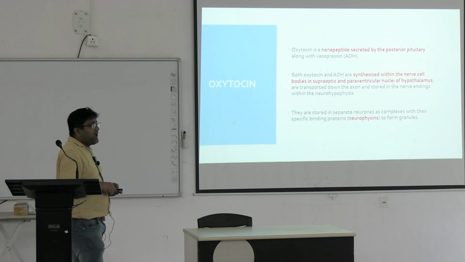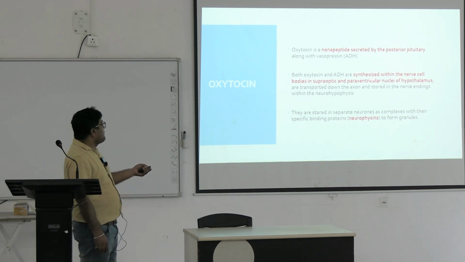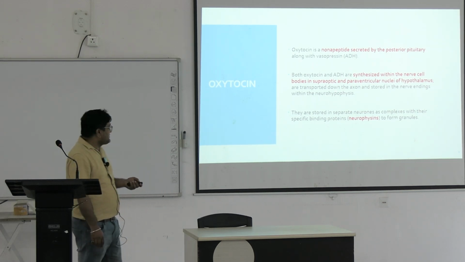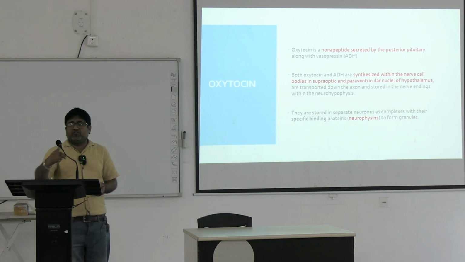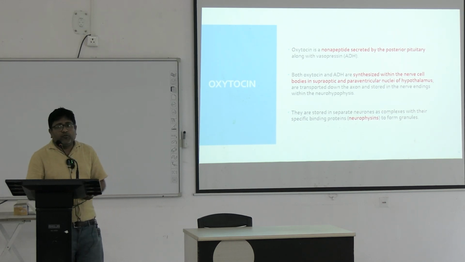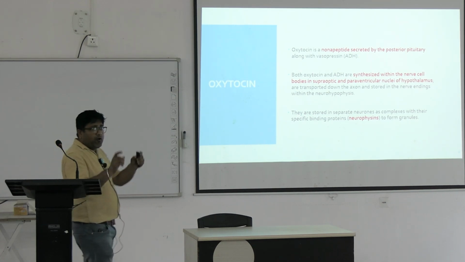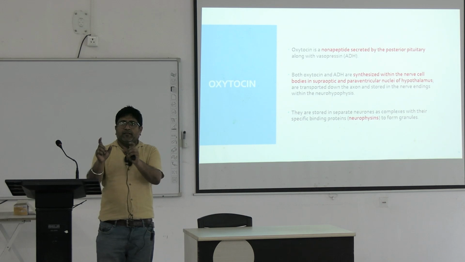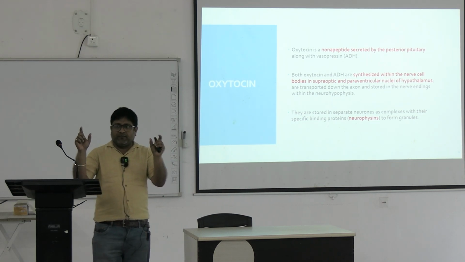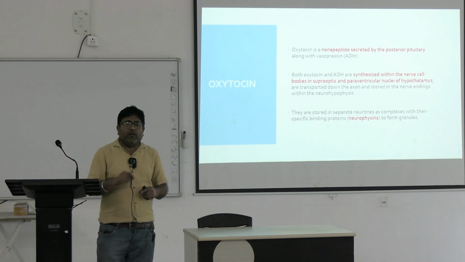Both oxytocin and ADH, that is vasopressin, are synthesized within the nerve cell bodies in the supraoptic and paraventricular nuclei in the hypothalamus and transported down the axon. They are stored within the nerve endings of the posterior pituitary. Oxytocin and vasopressin are stored in separate neurons, as granules complexed with a protein called neurophysin.